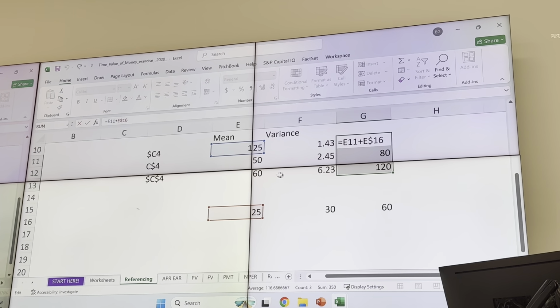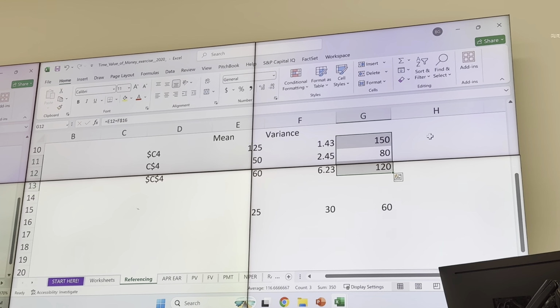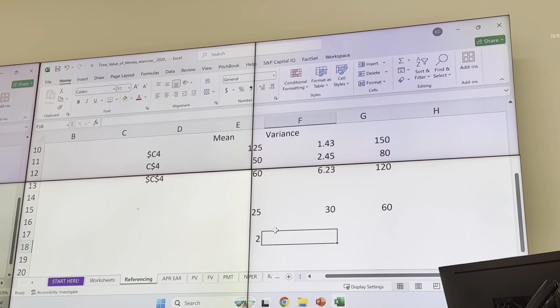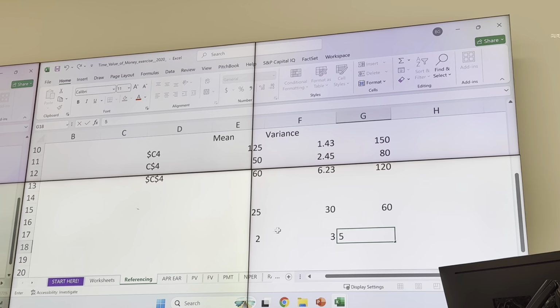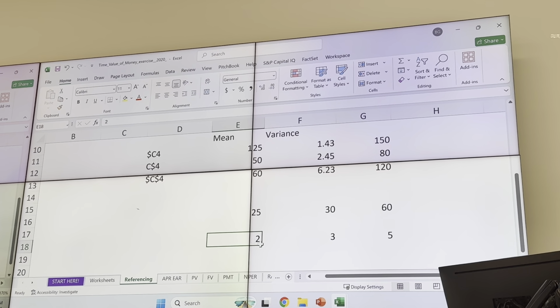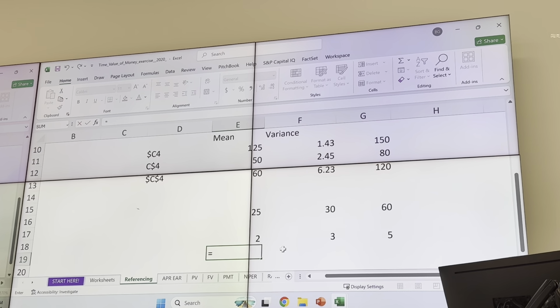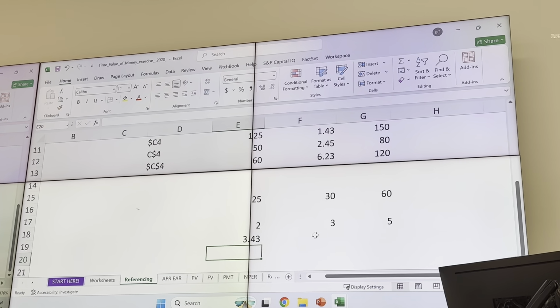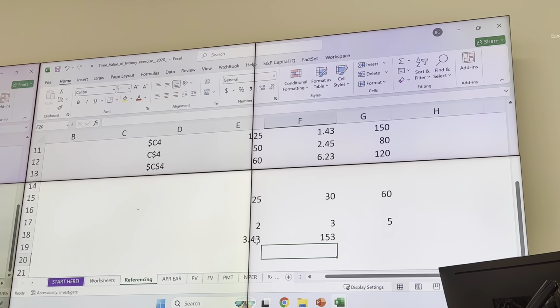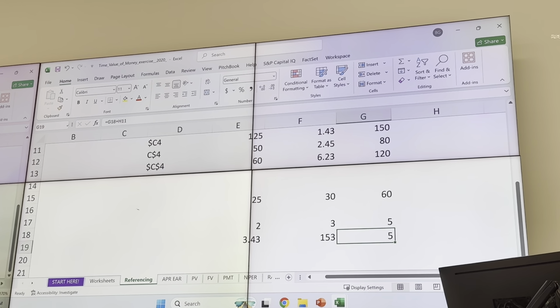For example, now let me see. Suppose I have variances 2, 3, 5. I need to add the industry variances with this one. So for example, equals to this plus this. When I copy this one, control right, what is happening?